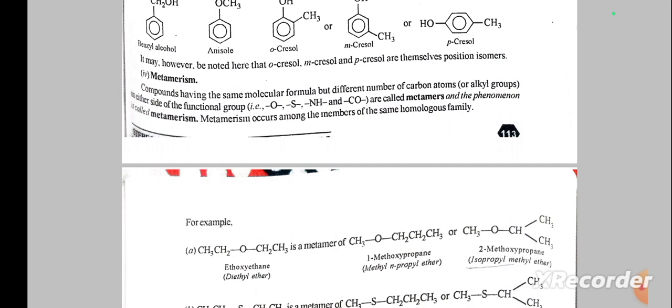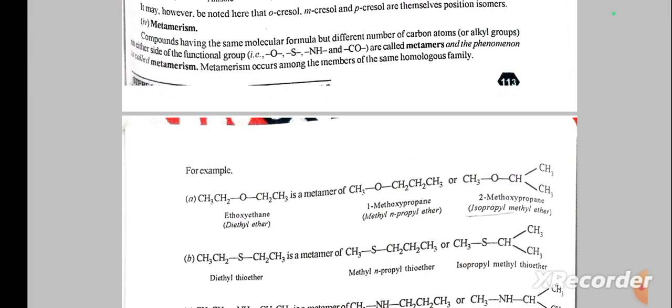Fourth is metamerism. Compounds having the same molecular formula but a different number of carbon atoms or alkyl groups on either side of the functional group are called metamers. The phenomenon is called metamerism.